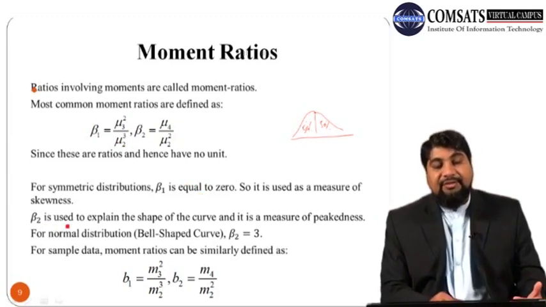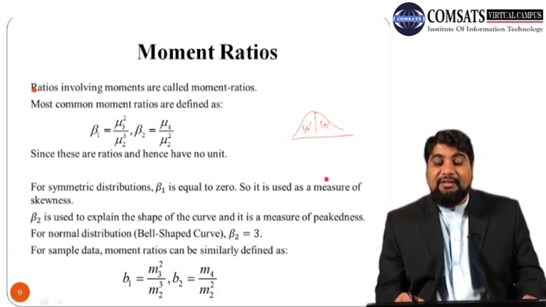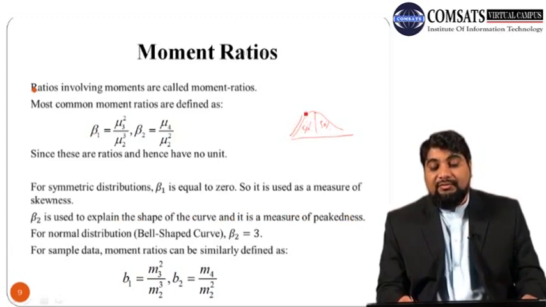Similarly, beta 2 is used to explain the shape of the curve, and it is a measure of peakedness. We check whether the peak is above this normal curve or below this normal curve.